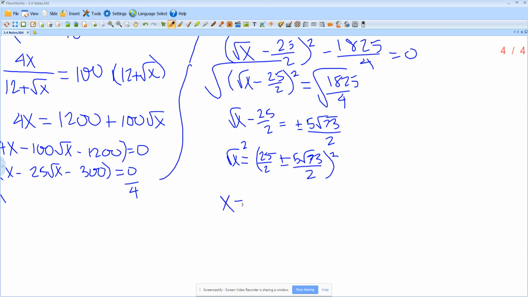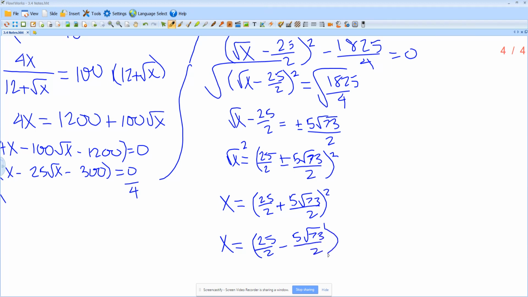So I get x equals 25 over 2 plus 5 square root 73 over 2 squared, and x equals 25 over 2 minus 5 square root 73 over 2 squared. At this point, or really at a previous point, we could have realized that there was going to be a problem.